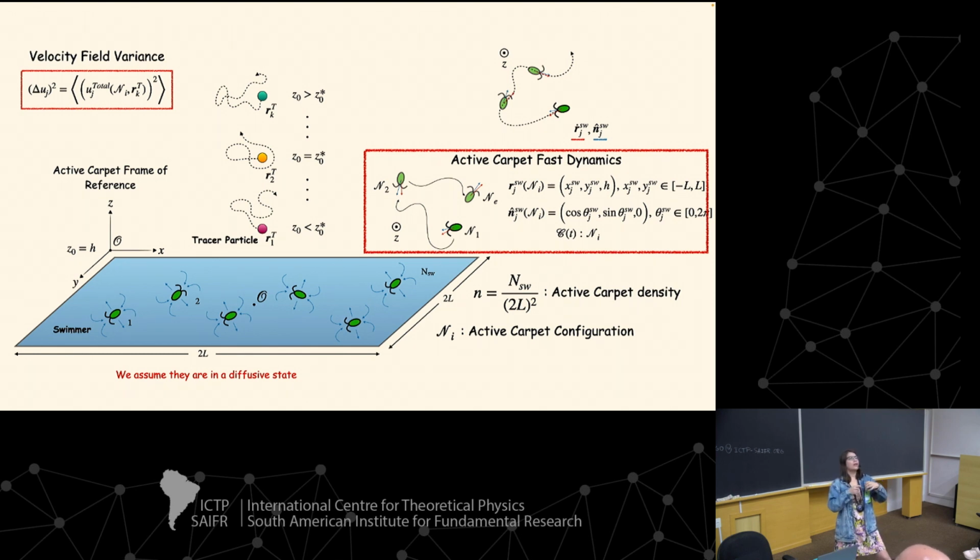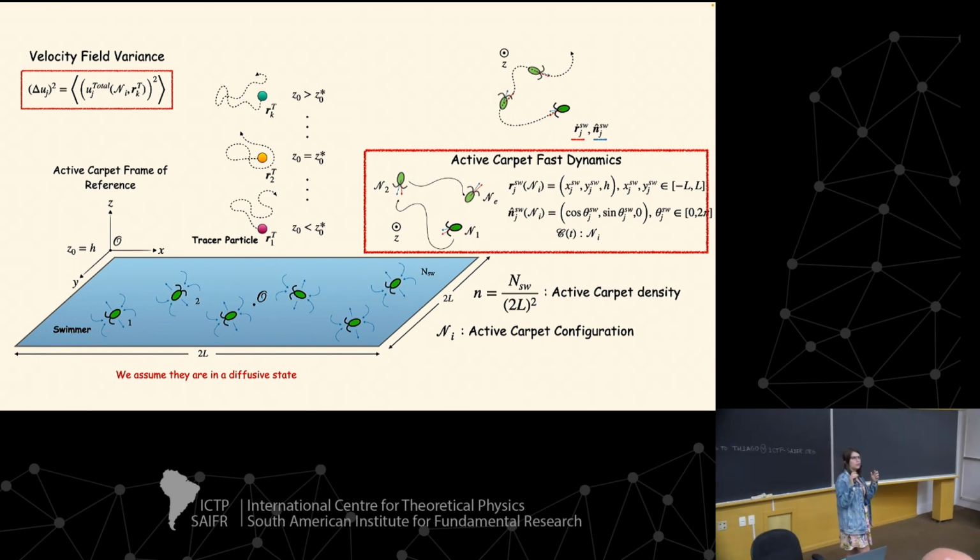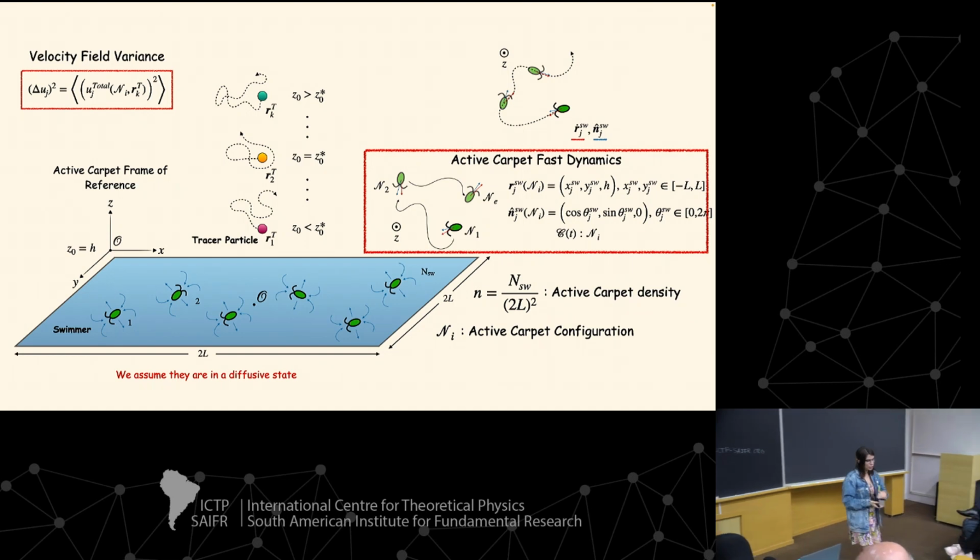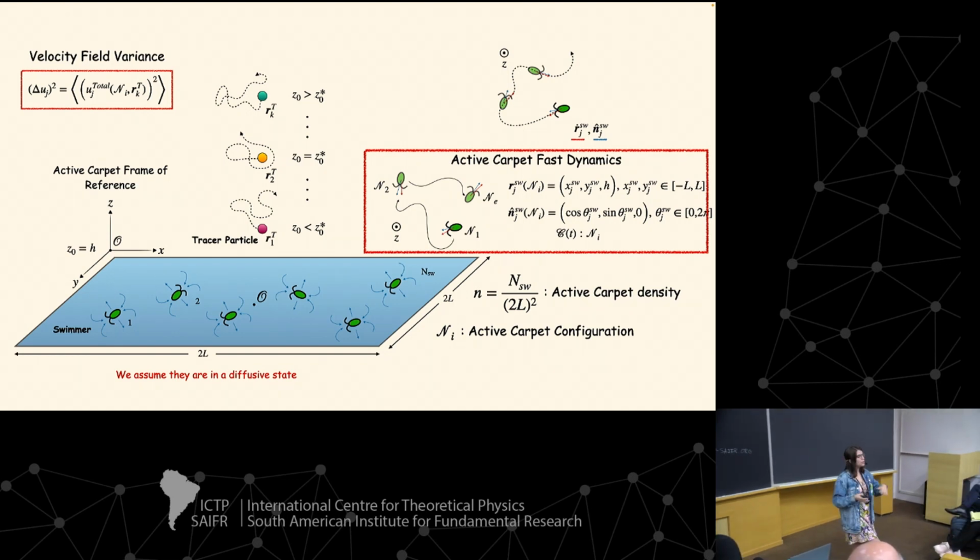So we are not allowing bacteria to move like an ABP, right? We are like taking photos of the bacteria at different configurations in order to study the diffusive movement of bacteria. So we are considering that the bacteria are diffusing in the active carpet, and we want to see how the transport is above.